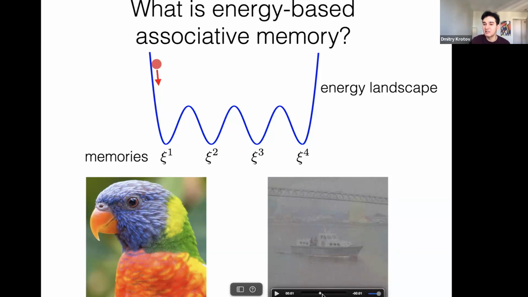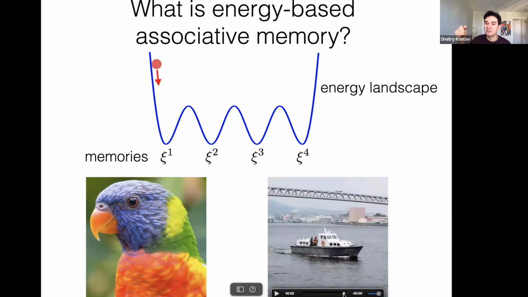So essentially, it's not just that the network picks the closest memory. The network is exploring the space of all possible neuron configurations and all possible memories. And somewhere along this dynamical trajectory, it's not just the boat, which is the leading memory, that attracts the state of the neural network, but also subleading memories play a role in the computation. An example of a subleading memory here is the image of this bird.